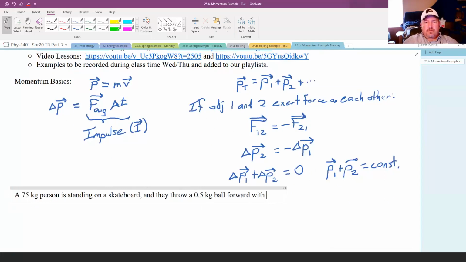Let's go with 25 meters per second of velocity. What does this do to the person?